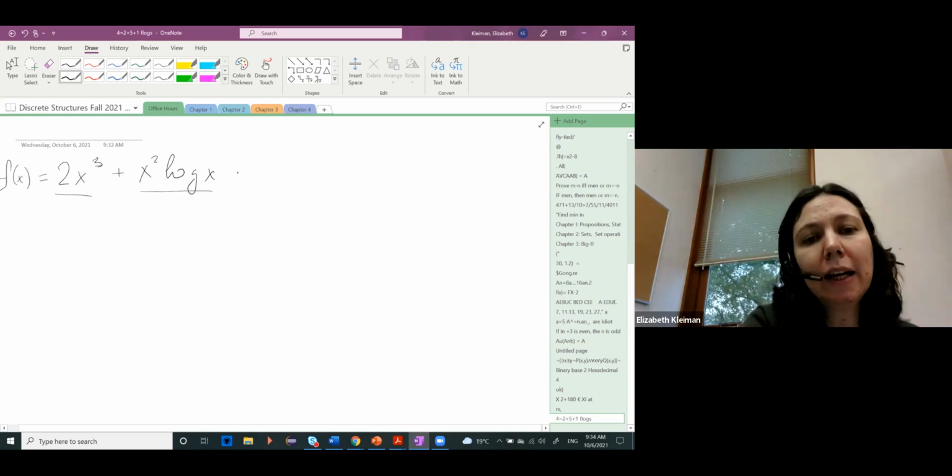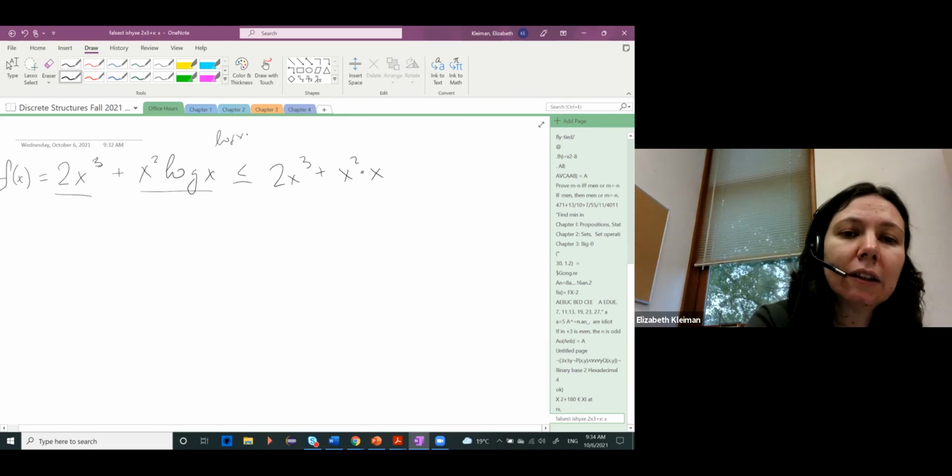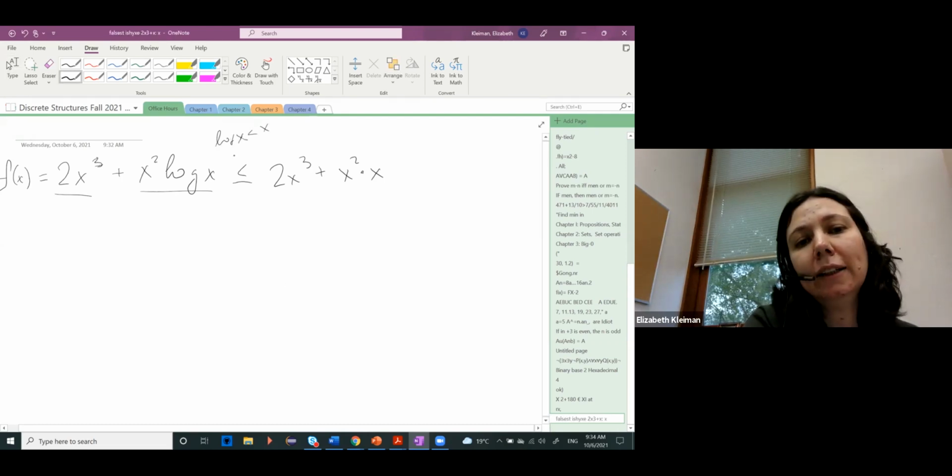And I can easily see that log of x is less than x as long as x is bigger than 10.